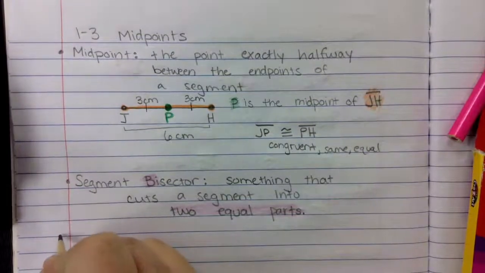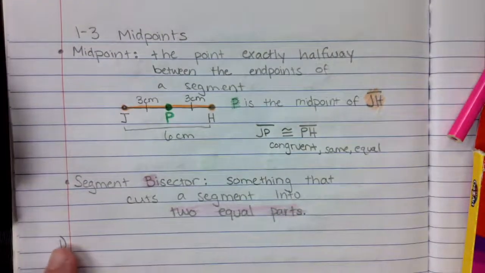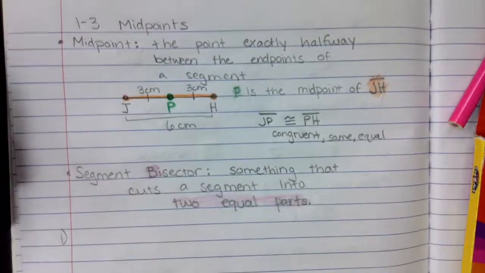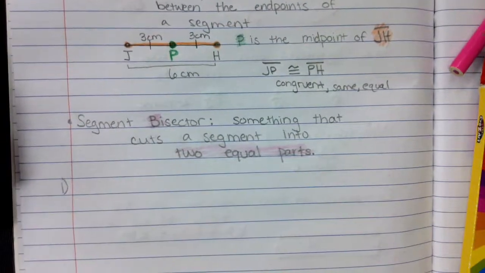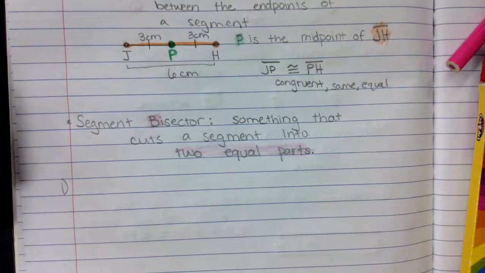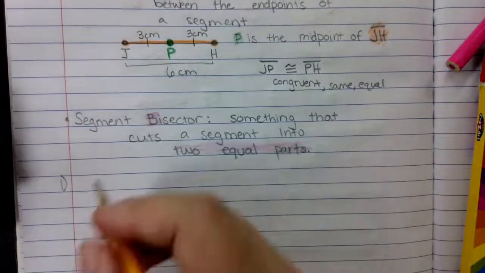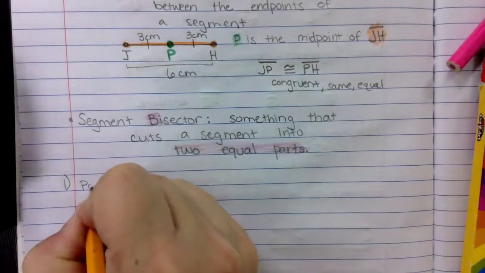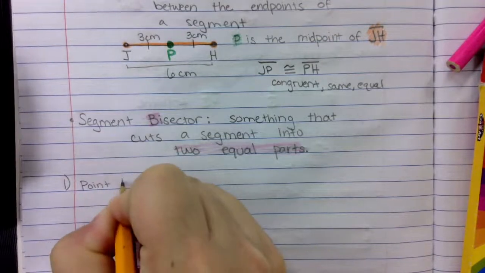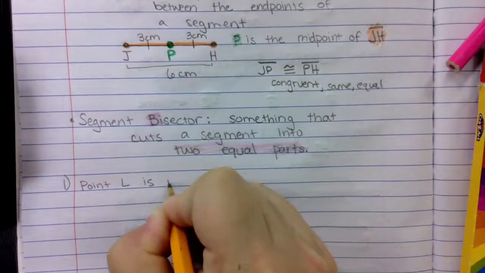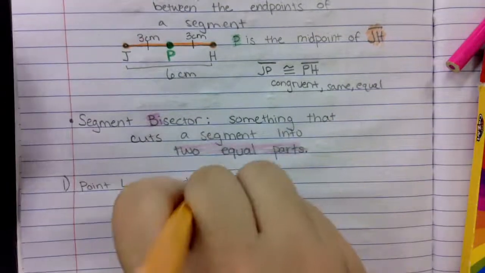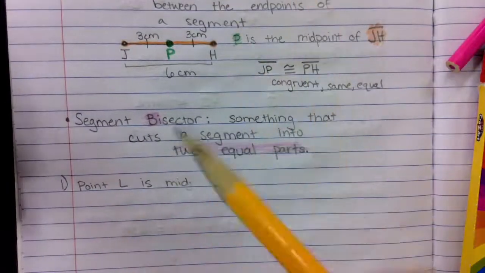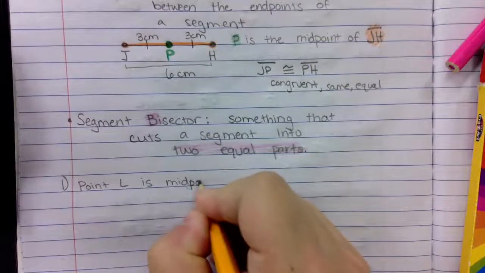My goal is to find ML. So point L is the midpoint of segment JM. We know JM is 26 inches. Remember when you see that "in"? Most of the time in geometry, sometimes it means there. I'm going to try and find ML.